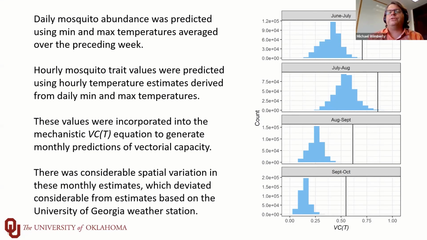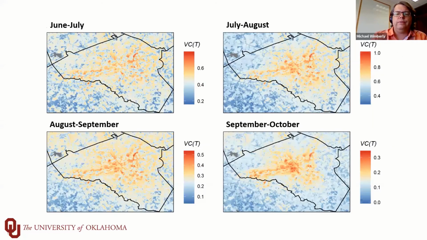And we compare those to the vertical lines, which are the estimates at that UGA weather station. So the story here is that that weather station is actually not all that representative of the actual microclimate conditions throughout the city. And if we were to depend just on the data from that weather station, we'd probably be overestimating the risk of dengue transmission.